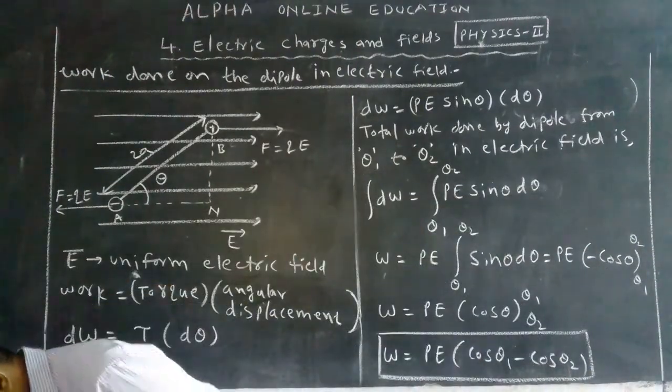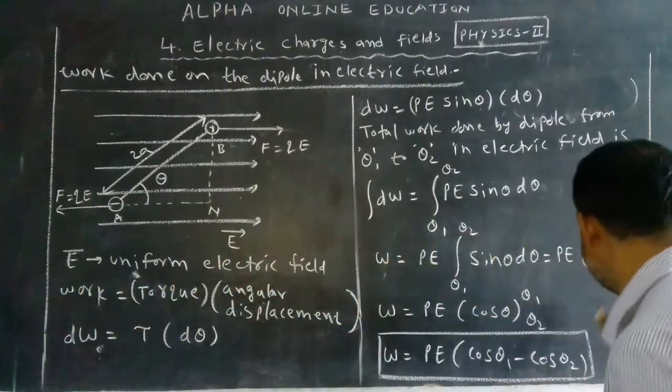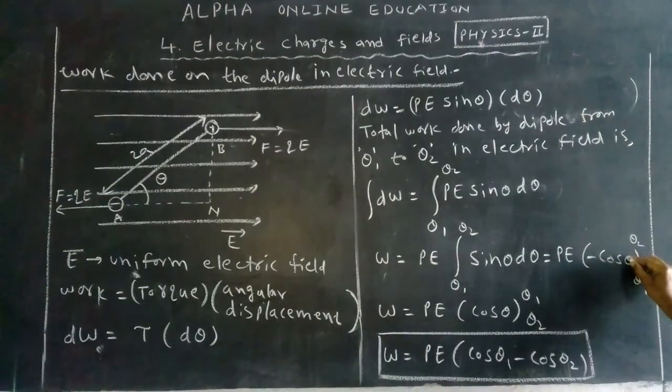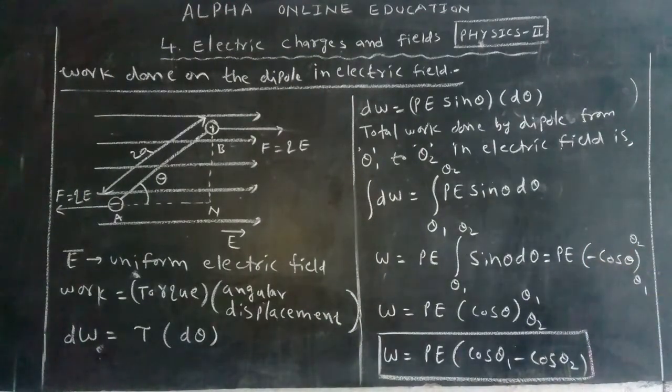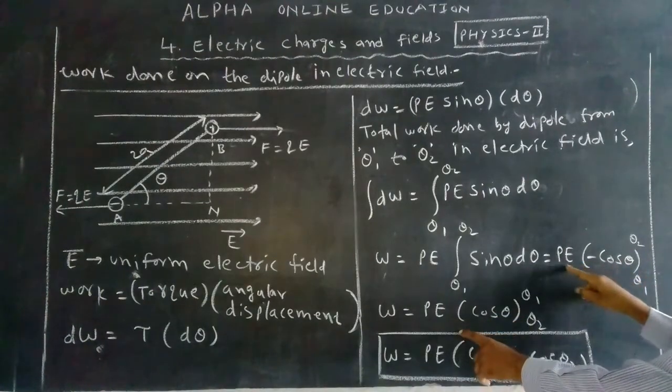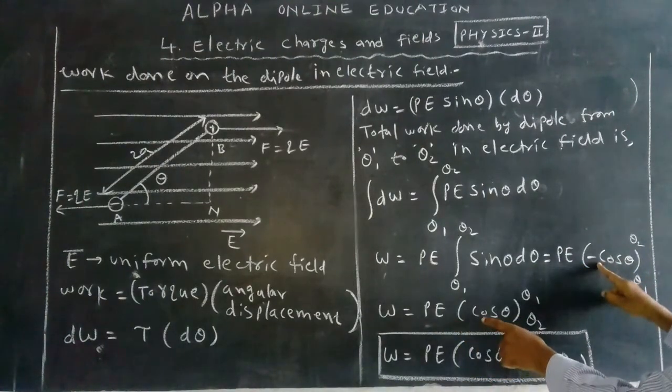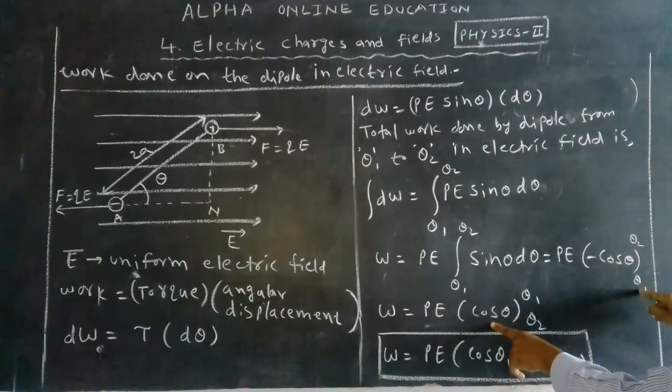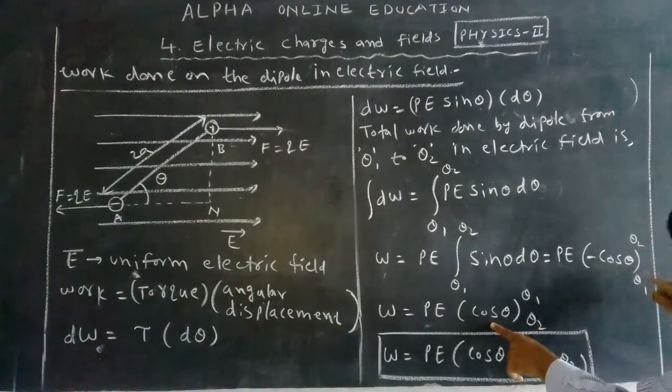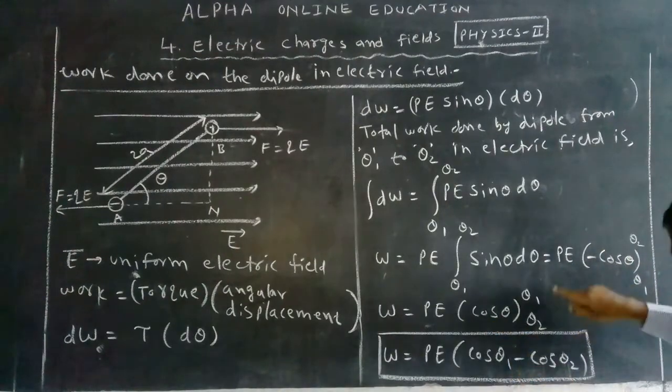Here which sign is there? A negative sign. If we remove the negative sign, these limits will interchange. Instead of minus cos theta, we can take plus cos theta, with limits changed from theta 1, theta 2 to theta 2, theta 1.